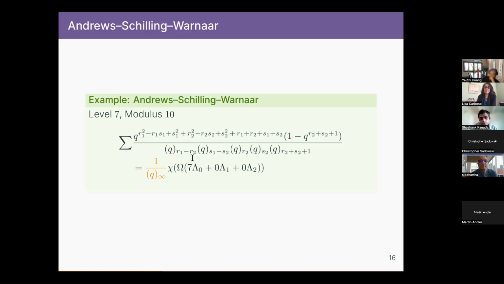You have R1s playing amongst themselves, S1s playing amongst themselves, except that at the end there is a terminus where R2 and S2 are linked together. So at higher levels, you have a link of R's, a link of S's, and at the end they link up with a terminus. And this is the character, up to this annoying factor, which I'll talk about at the end, 1 over q infinity, times the principal character of this level 7 module.